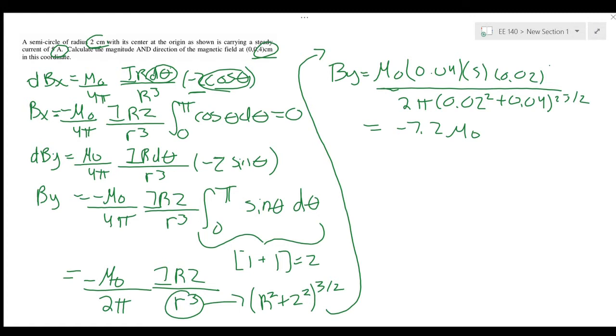Now we're going to find the magnetic field in our last direction, which is the z direction. So dBz is equal to mu naught over 4 pi I r d theta over r cubed negative r.